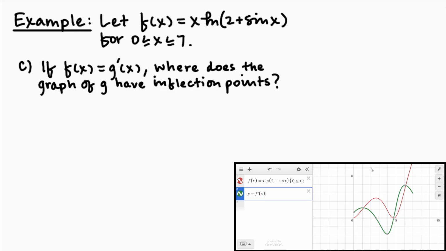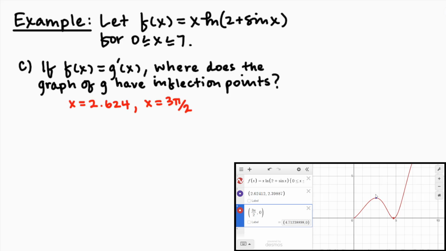Okay, we can find the zeros there. Another option that we have is we can just go look for the extrema, hover our mouse, and export the point to the expression list. And so then these are the x values of the points of inflection on g because they're the extrema of its first derivative. And we could say, okay, x equals 2.624 and x equals 3 pi over 2.